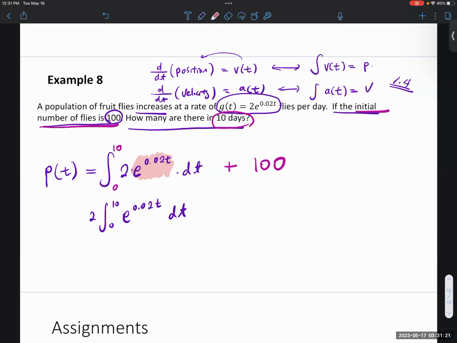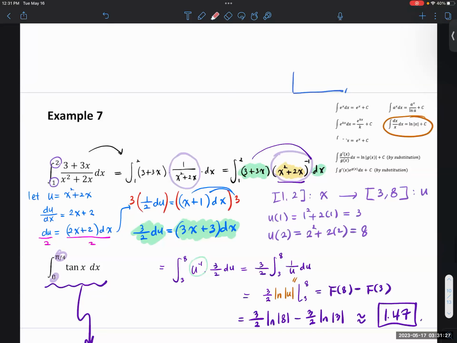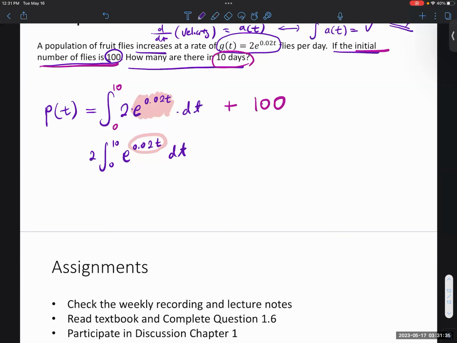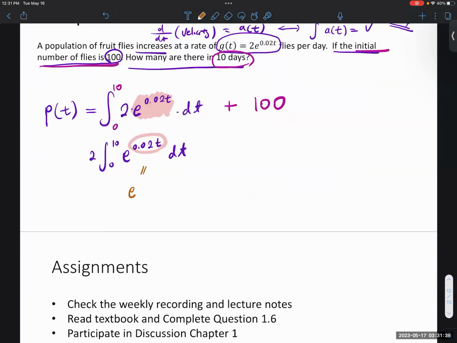If you have a constant with the exponential function, up there, you keep it and divide by that constant. So if you take the integral with that format, you keep the e to the 0.02t divided by 0.02. That's how you take the integral from 0 to 10.